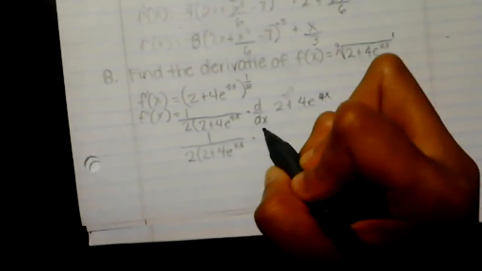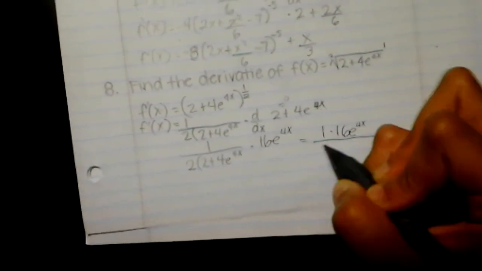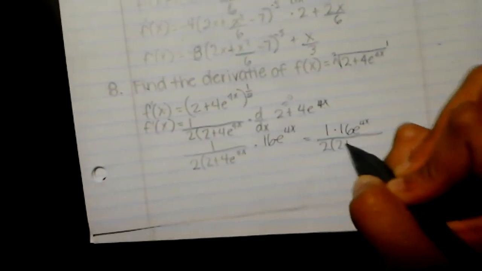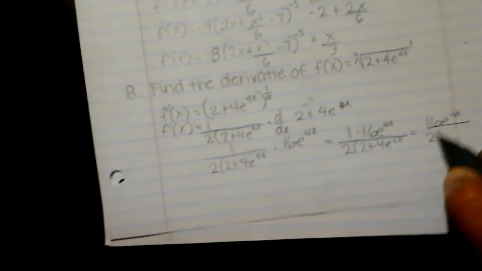So 4 times 4 is 16e to the 4x, and then you will multiply that times the 1/2, which will give you 16e to the 4x over 2 times 2 plus 4e to the 4x.